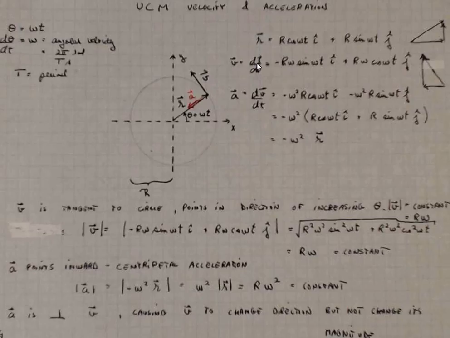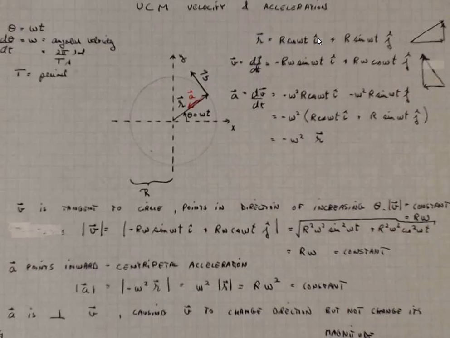Okay, so we want now to talk about the velocity vector and the acceleration vector. We've talked about the position vector already. That's the vector that points from the center of the circle outwards, this black arrow that you see here. We can describe this position vector as its projection on the x-axis, r cosine omega t, times i hat.